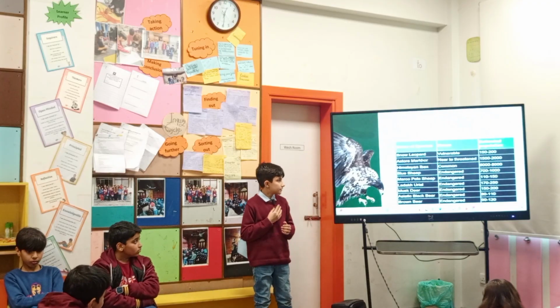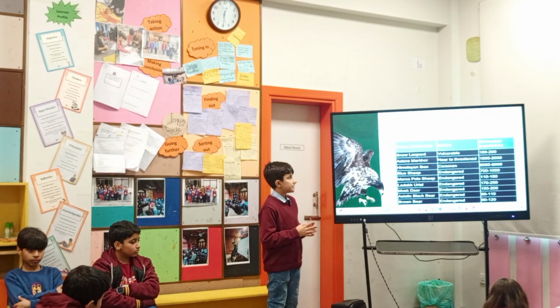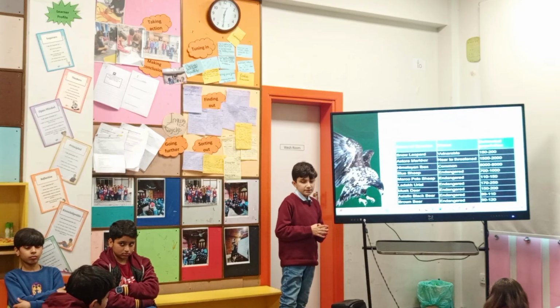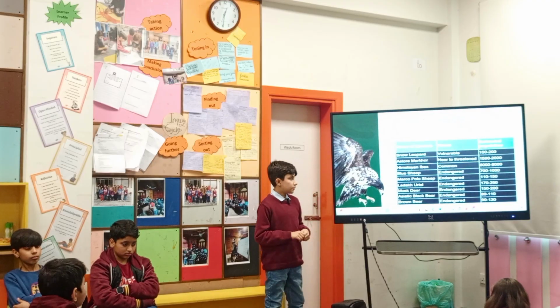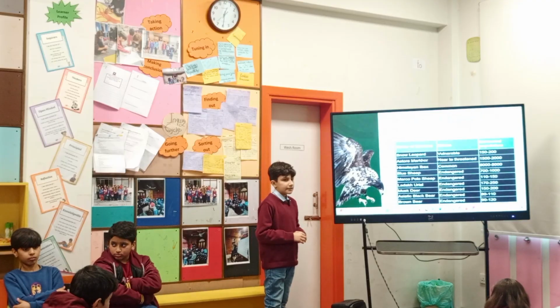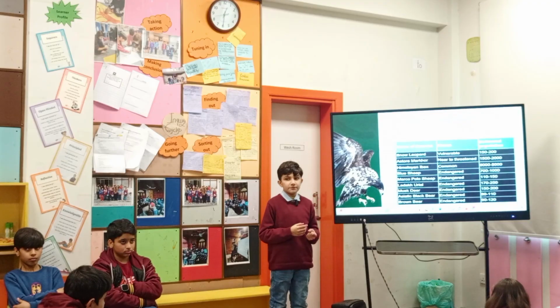Next slide, please. We were also fortunate enough to collect this table from the Wildlife Department. This table is the table of vulnerable species. As you can see over here, snow leopard is in the vulnerable category. Approximately only 150 to 200 are left. Then we have the Astor markhor, which is near threatened. Only 1500 to 2000 of these are left.